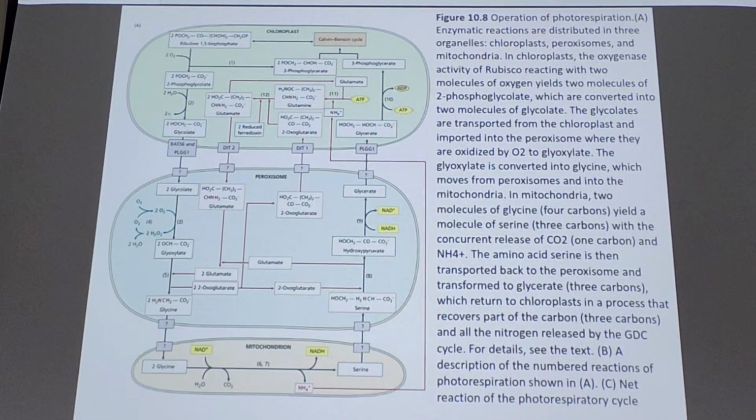Okay, so we start in the chloroplast. From last week, you learned that RuBP, the 5-carbon sugar, will react with Rubisco that has been activated. Remember, this needs to be activated, from your last week's lesson. In activated form, it is called ECM.